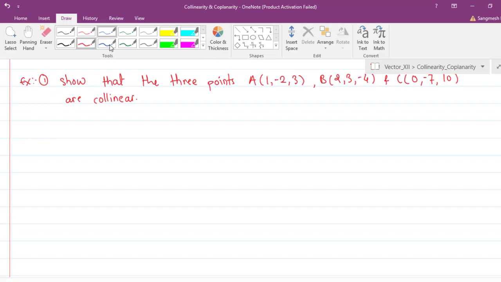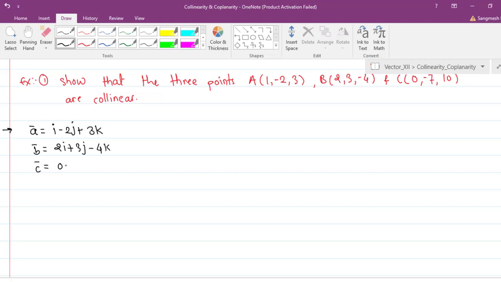If these are the 3 points A, B, C, then their position vectors will be: a bar equals i minus 2j plus 3k, b bar equals 2i plus 3j minus 4k, and c bar equals 0i minus 7j plus 10k. These are my three position vectors of the points A, B, and C.